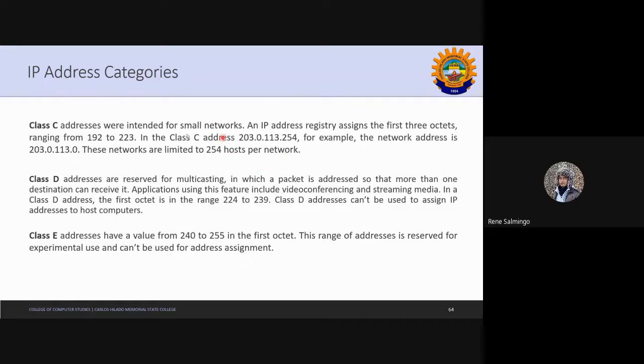Take note, Class A, Class B, and Class C are used for networking, while Class D and Class E are not. Class D addresses are used for multicasting.